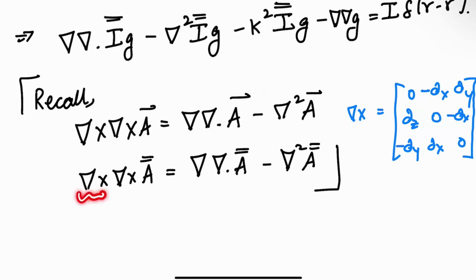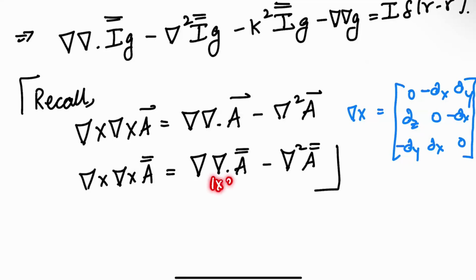So this is a matrix, this is a matrix, this is a matrix. Now on the right hand side, you have the divergence of a tensor, right? So what is the divergence of a tensor? You can think of it as the divergence of three vectors that are next to each other like that. Or you can think of the divergence operator, which takes a vector to a scalar, as a row vector, right? So if I have a vector and I multiply it by a row vector or a 1 by 3 matrix, then that will give me a scalar, right?